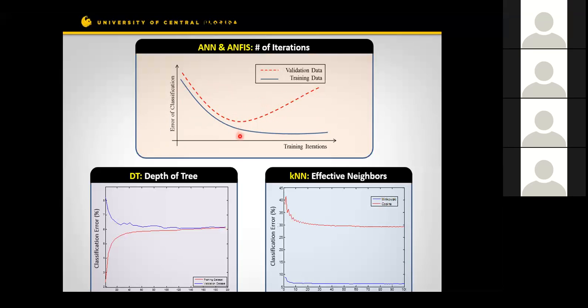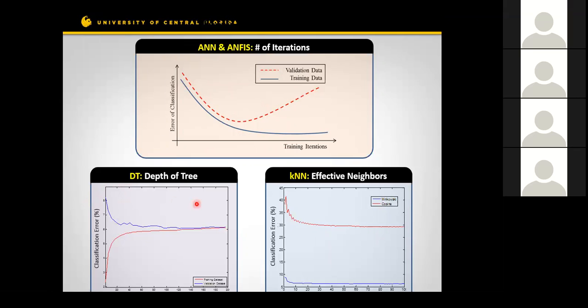So one parameter, training iterations, or the amount of training, is the critical parameter for ANN and ANFIS. For decision tree, the key parameter is the depth of the tree. If we have a very deep tree, the error of training will be low, but we lose generalization and don't get accurate results at the end.